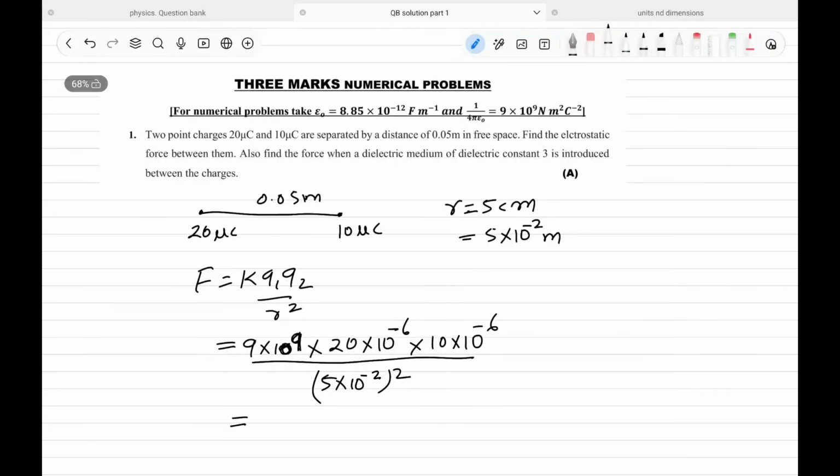Okay, solving next. 10 power -6, 10 power -6, 10 power -12.